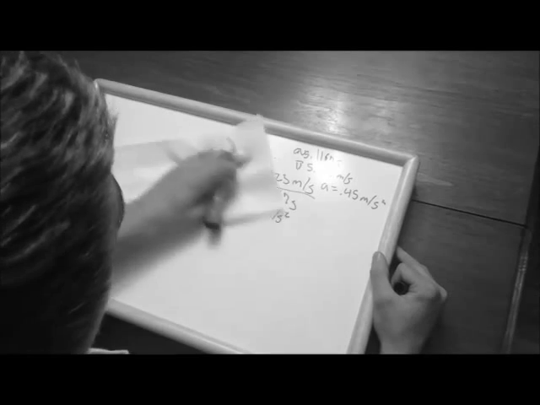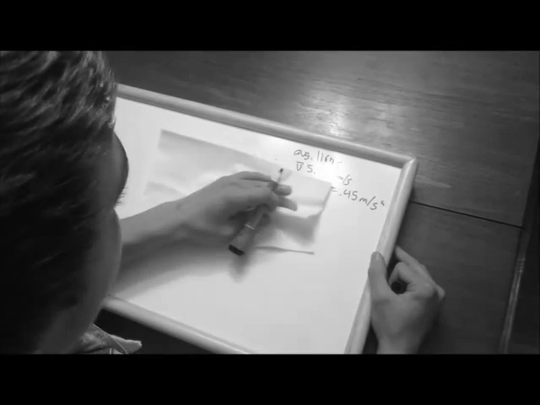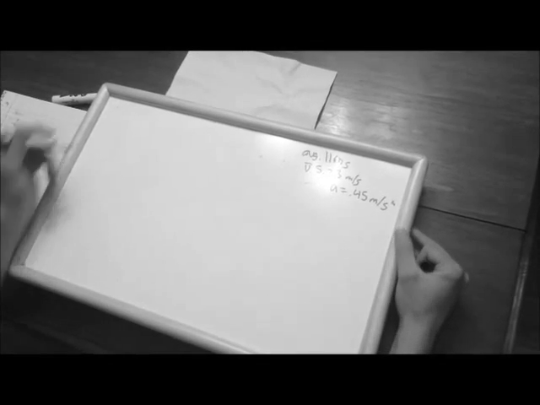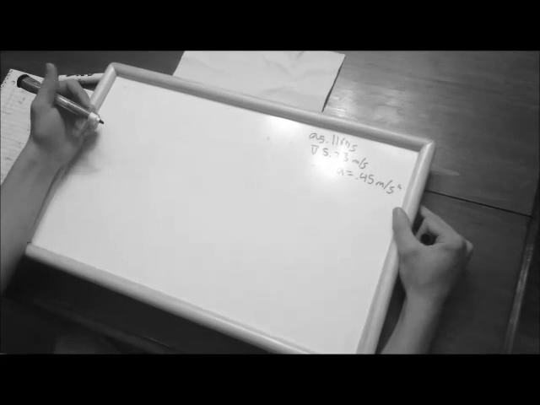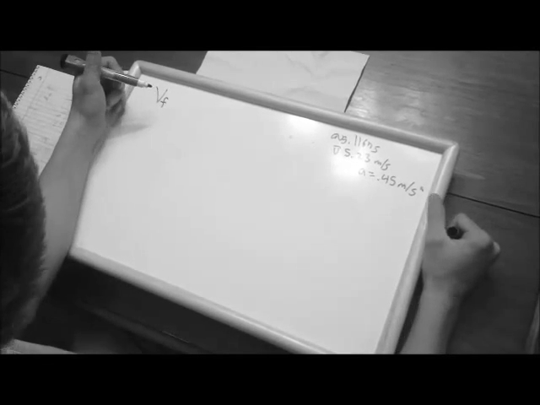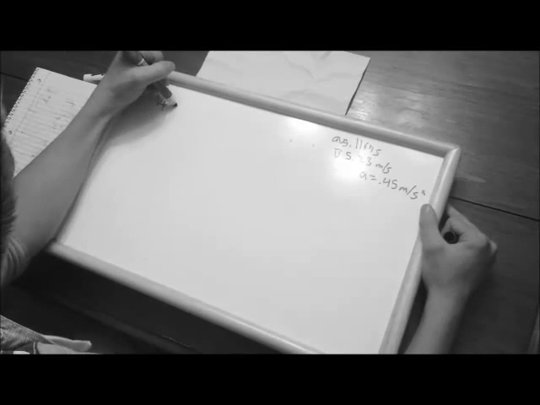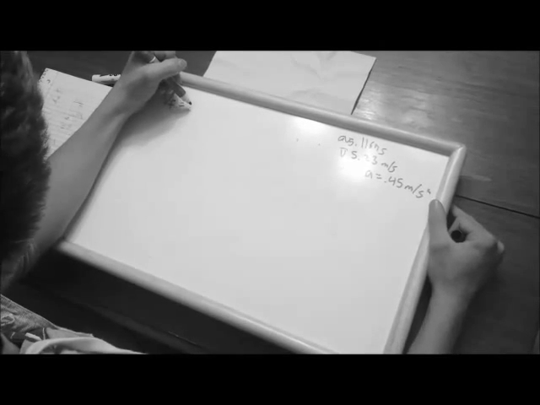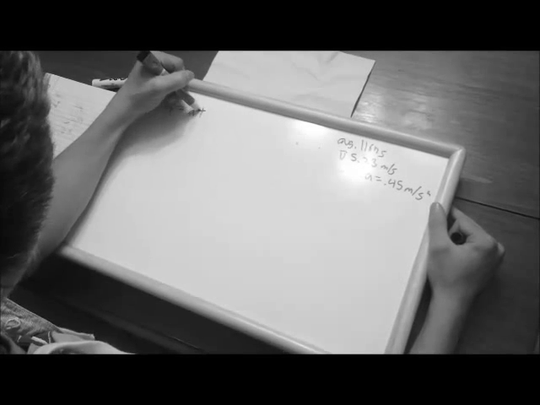And so now that we have our acceleration value, we will use that to figure out our final velocity, which was the speed we were going at the end of the hill. And to use that, we use the formula of acceleration times time.